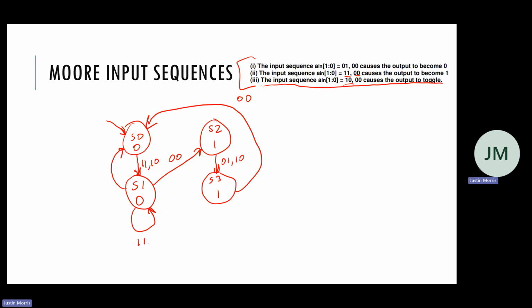If we get 1, 1 or 1, 0 again, we stay, right? Because that's still just toggle. But again, we're just not going to show that to keep it neat. But if we get 1, 1, 0, 0, what's the one I'm missing? 0, 1. If we get 0, 1, we go back.